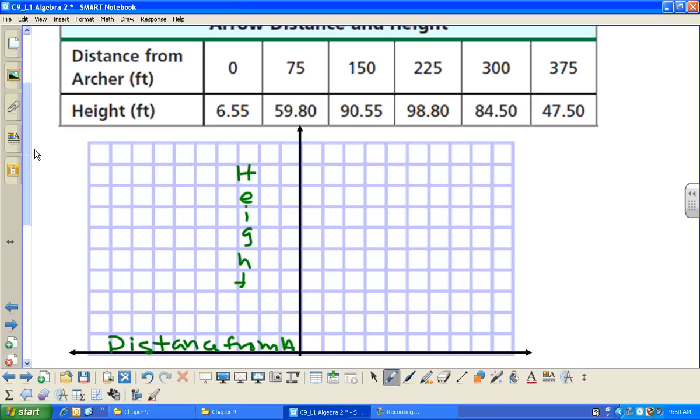I'm going to have my x's go up by 50. And I'm going to have my y's go up by 10. So this would be 100. So distance from archer is 0, and the height is 6.5. At 75 feet away, it's about 60 feet in height.